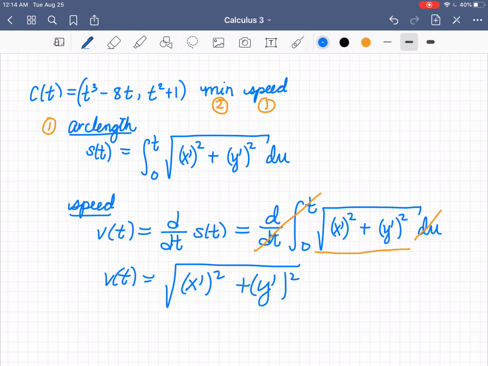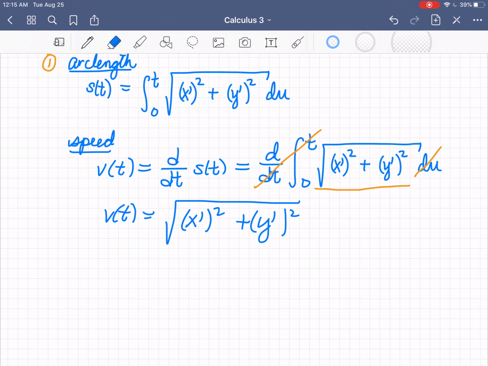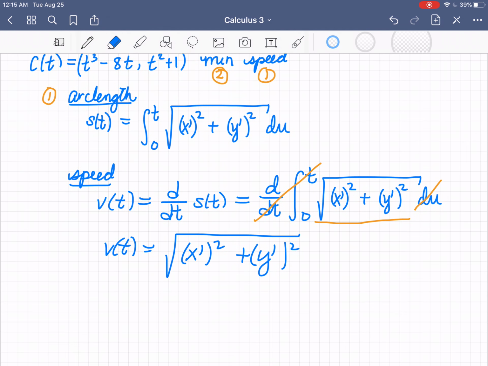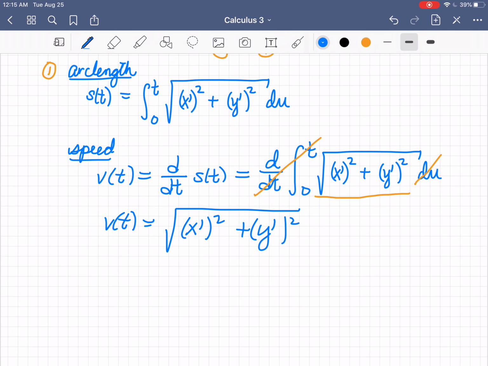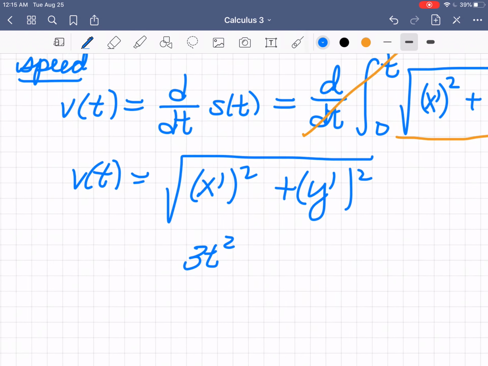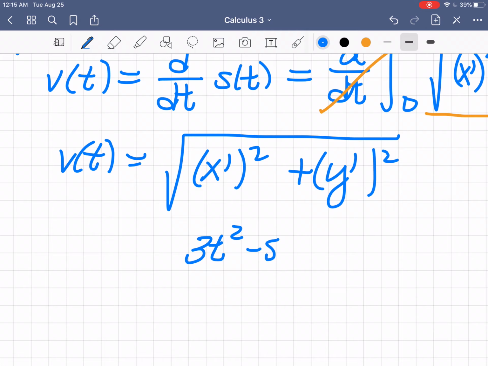Okay, so in our particular problem, here's our x and here's our y. We're going to plug those in, taking derivatives, squaring, and all that. So x is 2t cubed minus 8t, so its derivative is 3t squared minus 8.